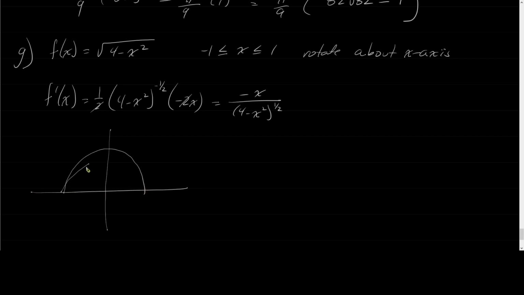All right? So in this semicircle, we're working from -1 to 1. So we're figuring out here's -1, here's 1. And this is the piece that we're going to be rotating about the x-axis.